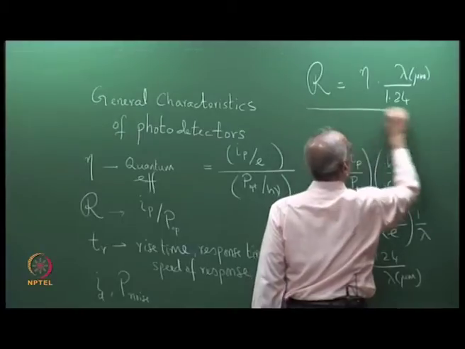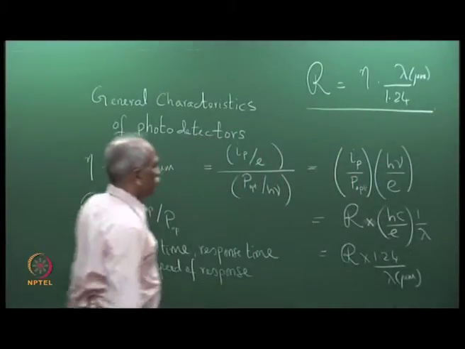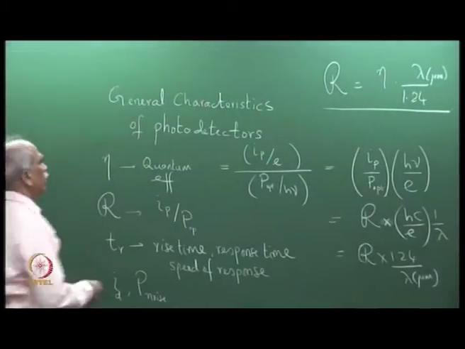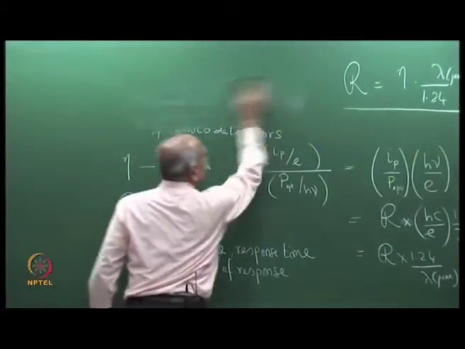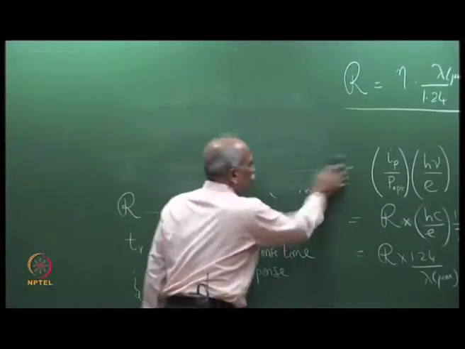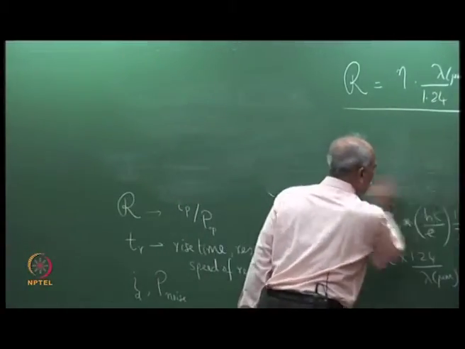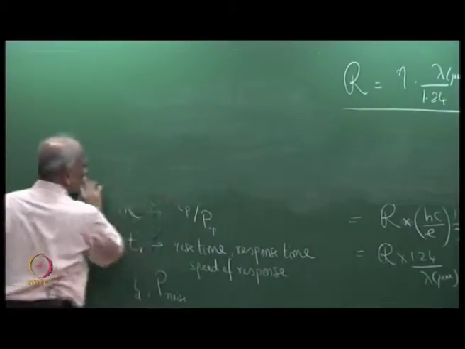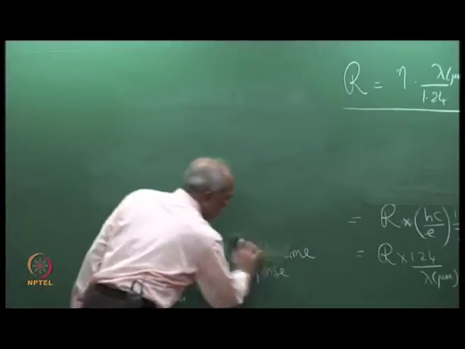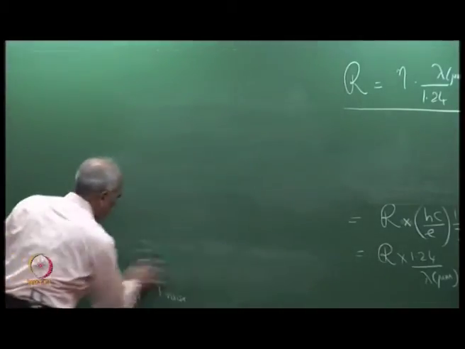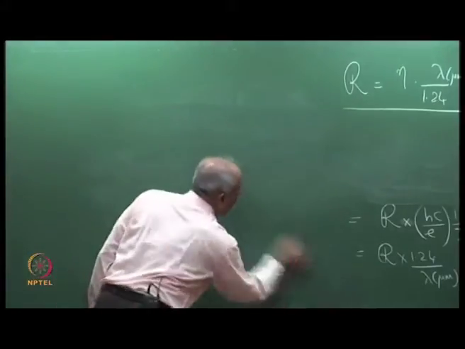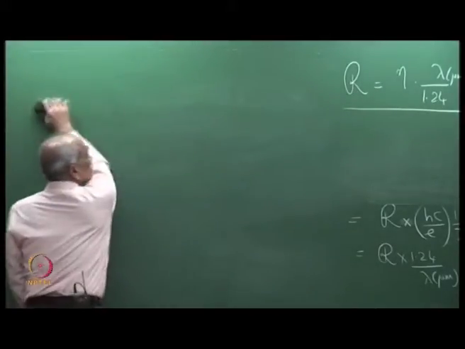If we substitute lambda in micrometer, then the responsivity of a photodetector can be written in the form R is equal to eta into lambda divided by 1.24, where eta is the quantum efficiency of the detector, the quantum efficiency of the material of the detector.